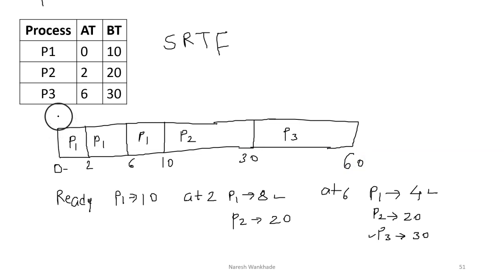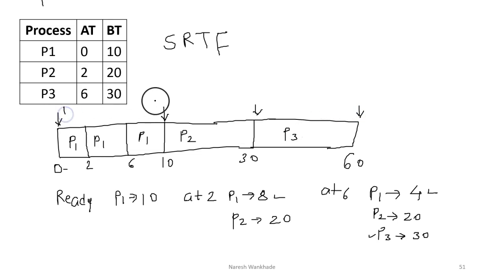So here we need one context switch at the beginning. Then process P1 has the CPU for 10 time units. And at 10, the CPU switches from process P1 to P2. Then at 30, there is a switching of the CPU from process P2 to P3. And at the end, there is one more switch.